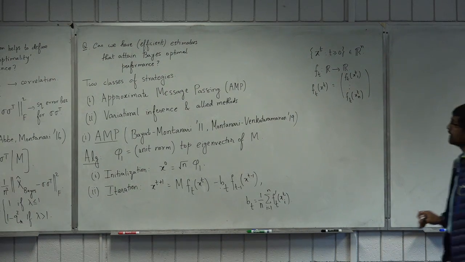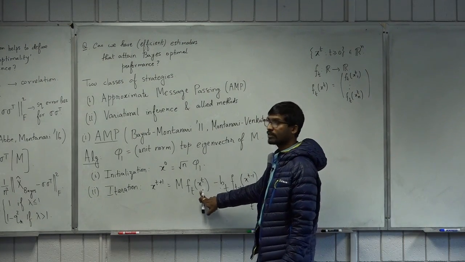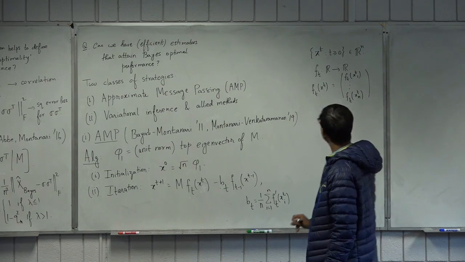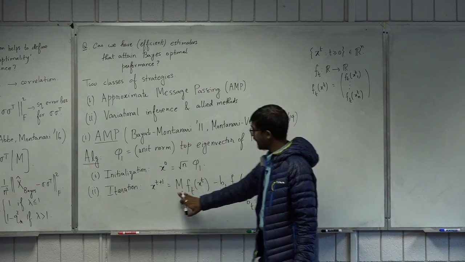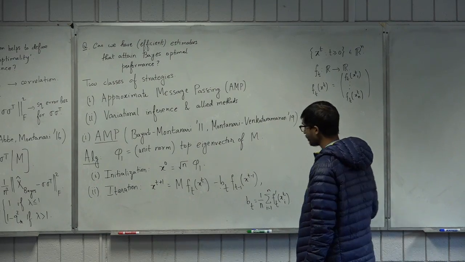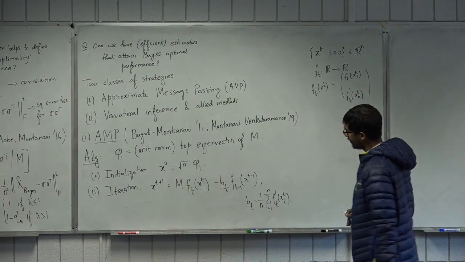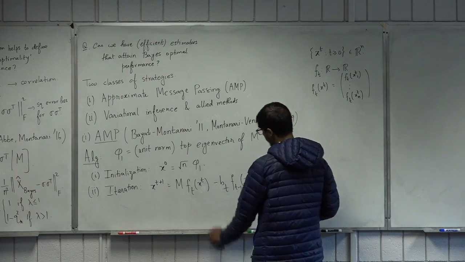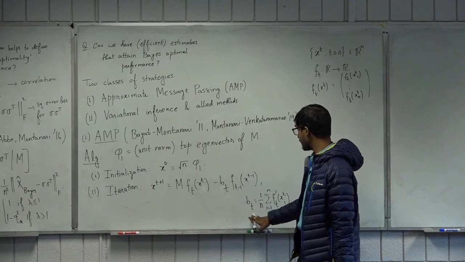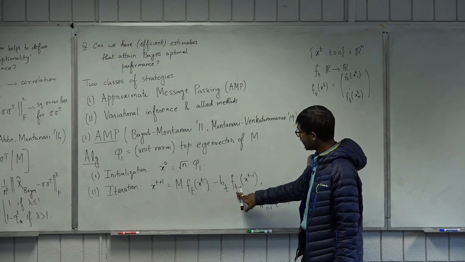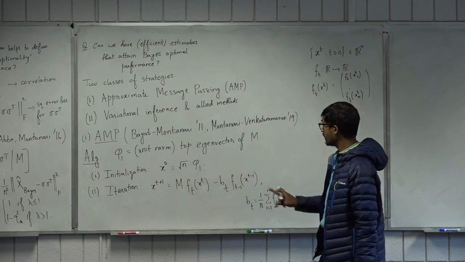So this is still a vector. I take my iterate at time t, I apply the nonlinearity ft coordinate wise, I get a new vector, I apply the matrix M to it, and then I have this term that I subtract off, which I'll explain in a bit, which is this constant bt. This is just the average of ft prime. And then ft minus 1 applied to xt minus 1.